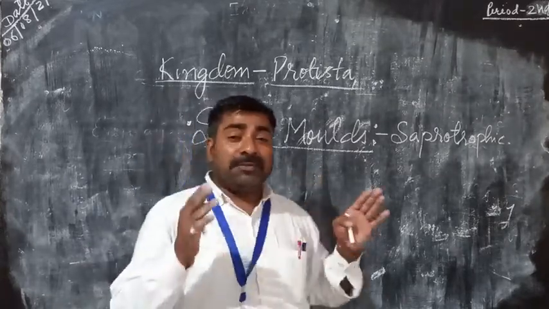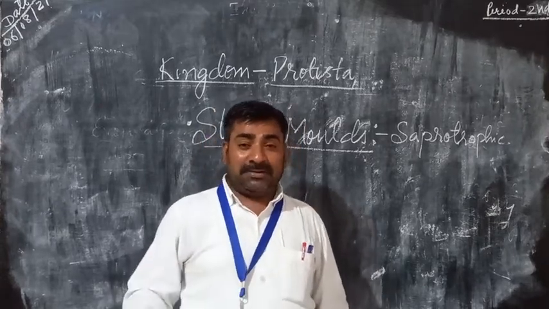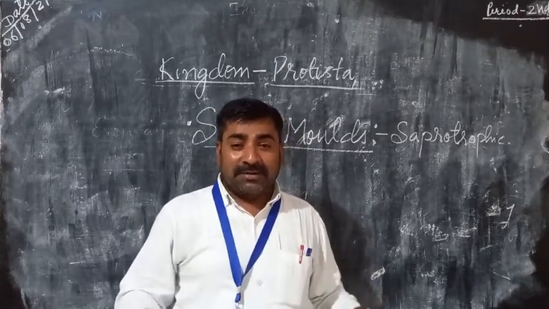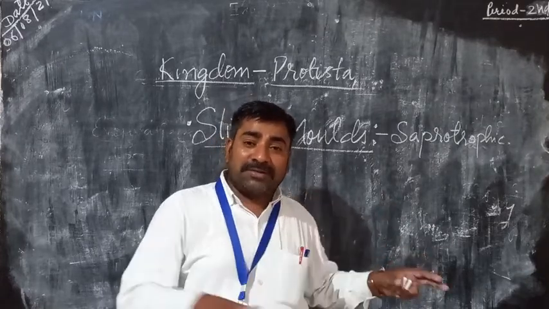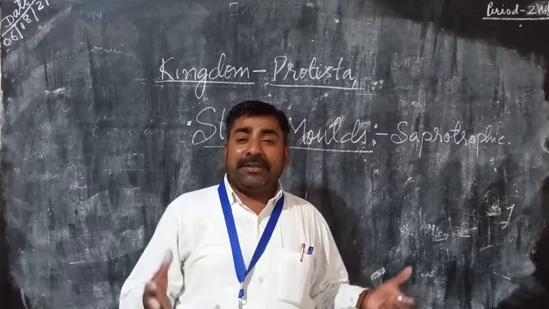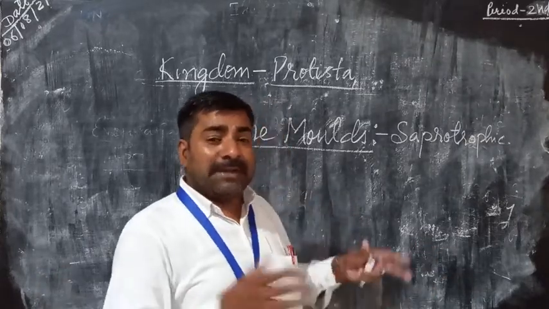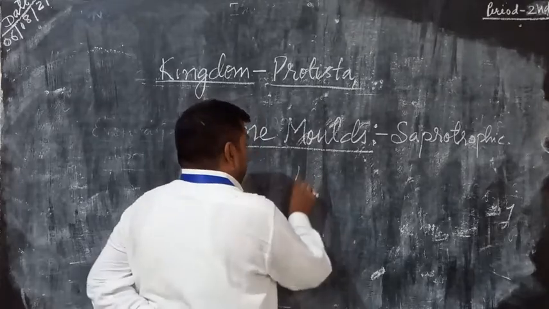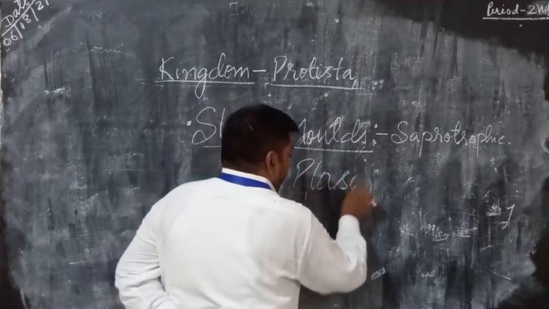They are mostly found in moist and damp places where there is humidity and richness of moisture. They form colonies, and the colony of slime moulds is known as plasmodium.